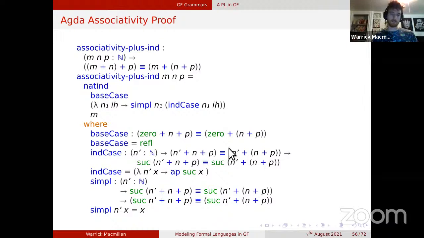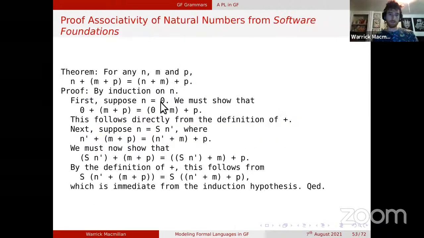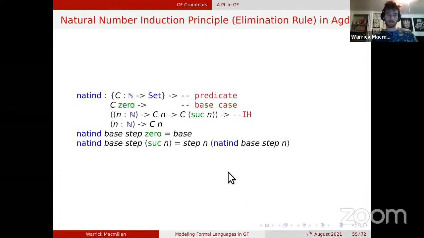And this is the proof in Agda that's meant to look exactly like the Software Foundations proof. So let's just rewind. You do induction first on the 0 case, by definition, then the successor case, and then you apply some lemma at some point and apply the induction hypothesis.